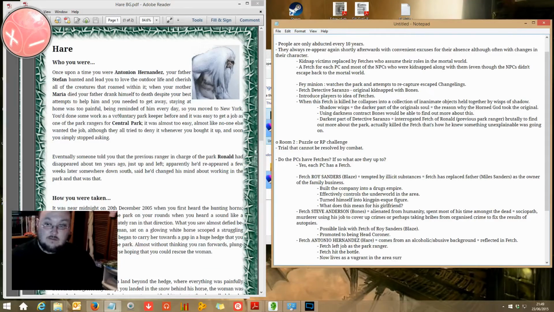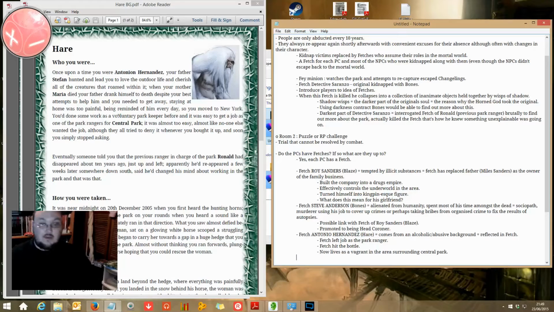Now this is a vagrant in the area surrounding Central Park. This is useful for two reasons, because one, it makes it potentially a fetch who is easy to access. He isn't surrounded by underworld figures or the police, etc. He's a homeless person out on the street. It also makes him vulnerable if the players decide to take one of the fetches out.